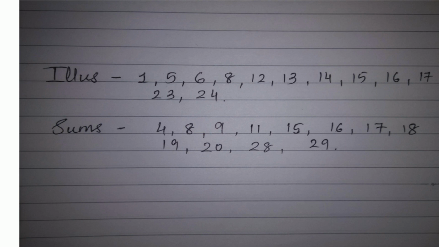So with this we have completed chapter 2, and the illustrations that we have done are presented on your screen. The numbers have been presented, and sums of similar kind. I have also written the sum numbers for the same. Now lastly, talking about the theory. As I said, there will be a theory question out of the 3-mark questions. For that you need to prepare page number 111 in your exercise.